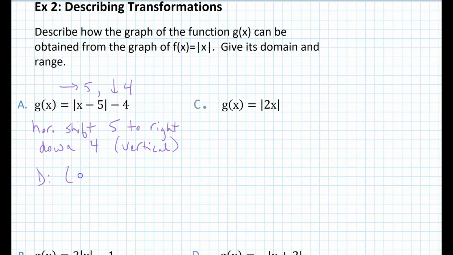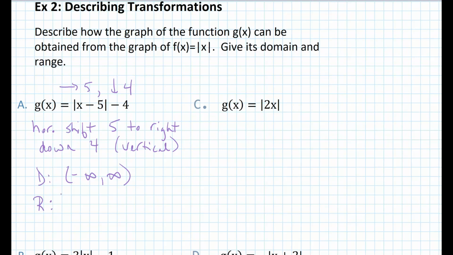And as an interval, that would be negative infinity to positive infinity. And the range, as you were saying, it's either going completely up or turning downward.